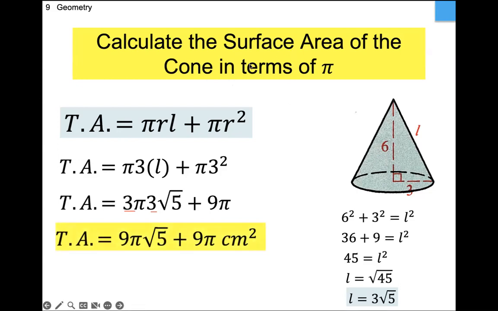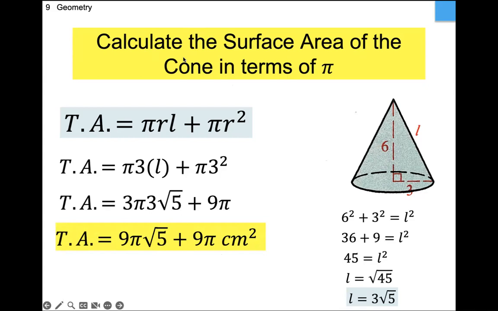A lot of people are going to want to add, because there's 2 9 pi's, and say, oh, look, it's 18 pi. Well, that would only be true if both terms had a square root of 5. This one does not have a square root of 5, so I can't add those together. So this is one of those examples where you get an answer, and it's very unsatisfying, and you're sure you must have this wrong, but in fact, you got this one right.